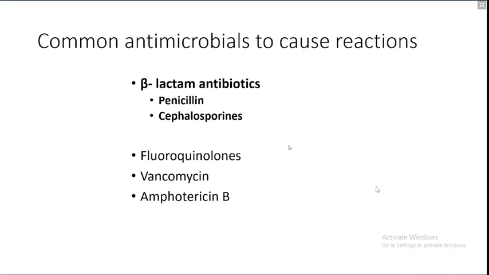And then the fluoroquinolones, a very trendy class of drug nowadays, because you use fluoroquinolones a lot. So the incidence of reactions to fluoroquinolones has also increased now. Vancomycin can also cause reactions, and also Amphotericin B, an antifungal, commonly causes reactions in some patients.